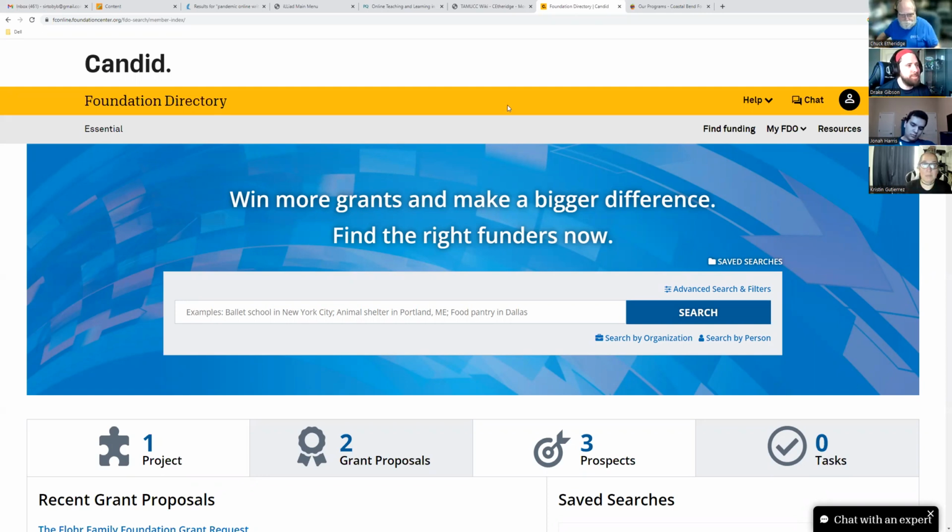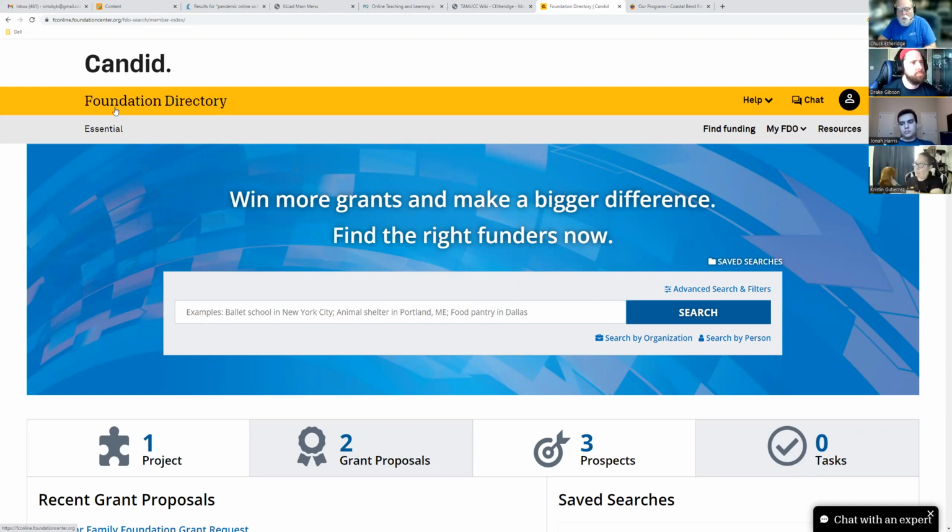So there are a bunch of different ways to look for grants, but we're talking specifically about private foundation grants. The reason for that is it's a little bit more simple application process, and I feel like it's a good way to learn.